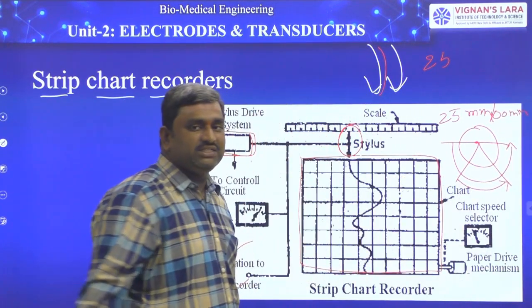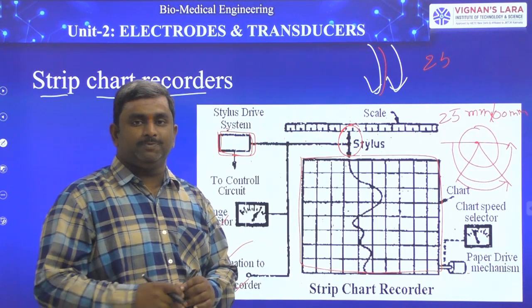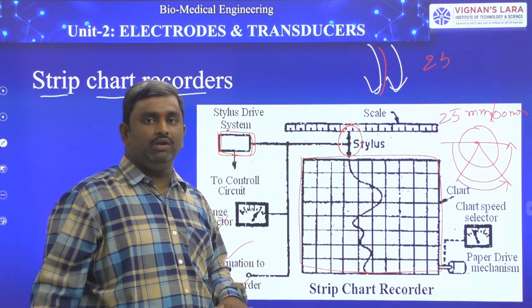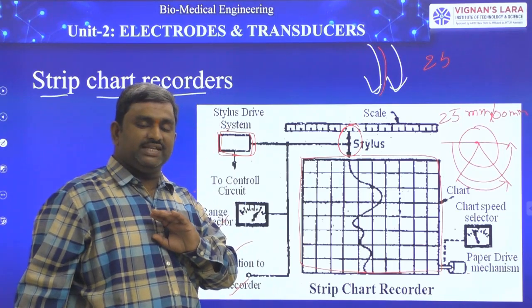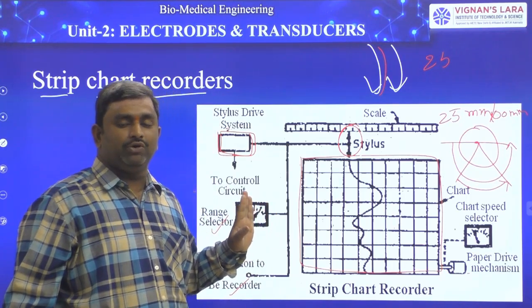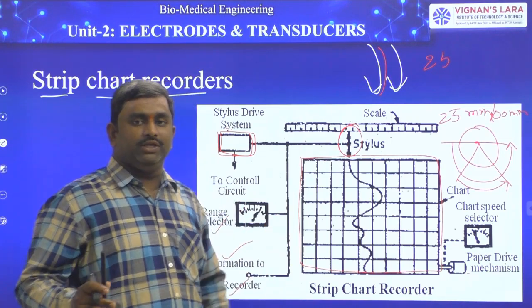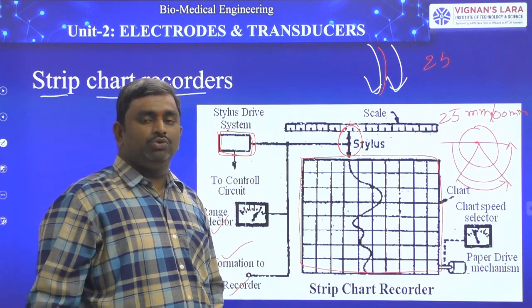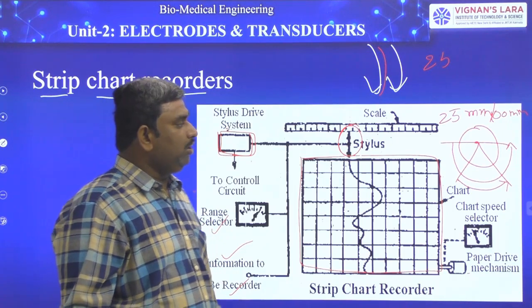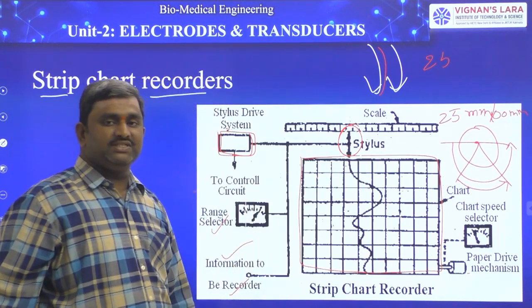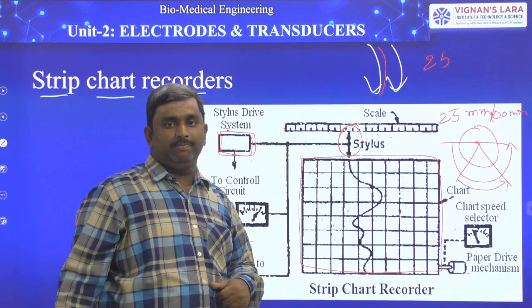So these are the standard speeds given by the World Health Organization for designing all the electrocardiograph or electroencephalography machines, whatever machines you have on the biomedical side. All those machines have to run with these two speeds only: 25 mm per second and 100 mm per second.